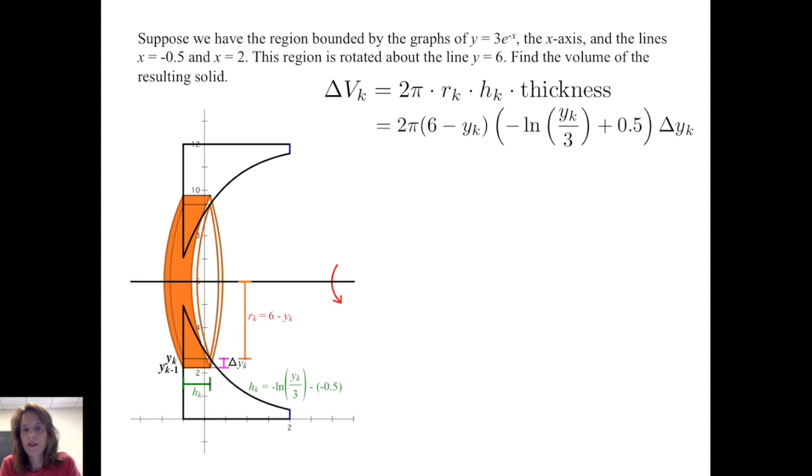So therefore, when I put these pieces together, I can get the volume of the cylindrical shell. So that's 2 pi times r sub k times h sub k times the thickness. So I've got 2 pi times (6 minus y sub k) times (negative natural log of y sub k over 3 plus 1/2), all times delta y sub k. And delta y sub k is the thickness of that shell determined by the width of that rectangle.